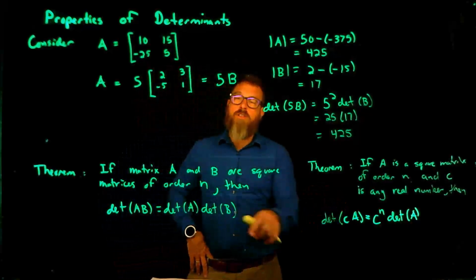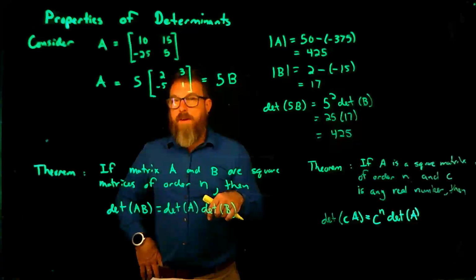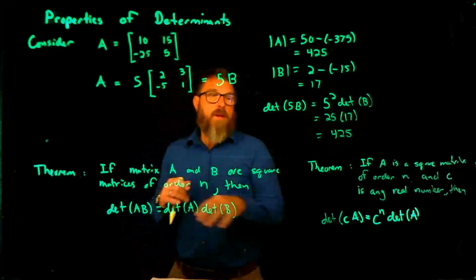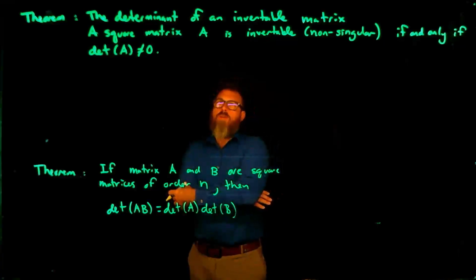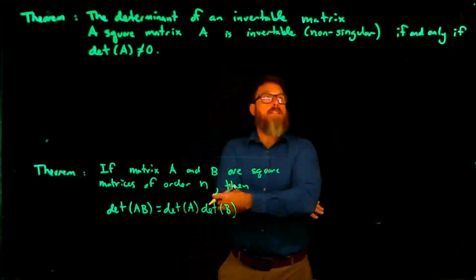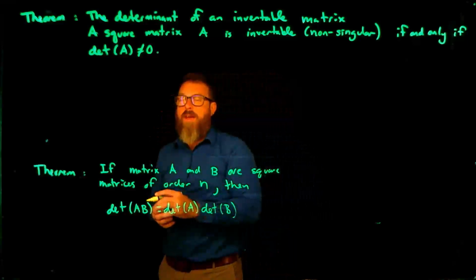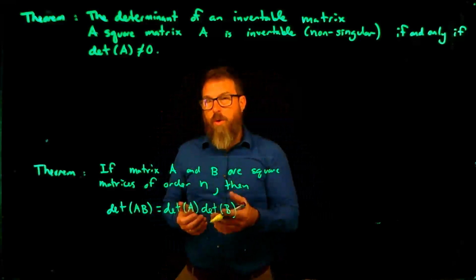And I'm also going to use this theorem to prove how to find the determinant of an inverse as well. So let's go ahead and talk about this. The determinant of an invertible matrix. A square matrix A is invertible or non-singular if and only if the determinant of A is not equal to 0. So let's go ahead and prove this.